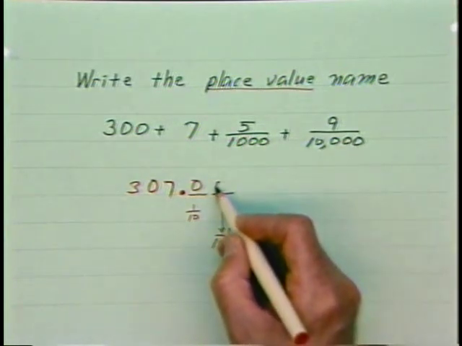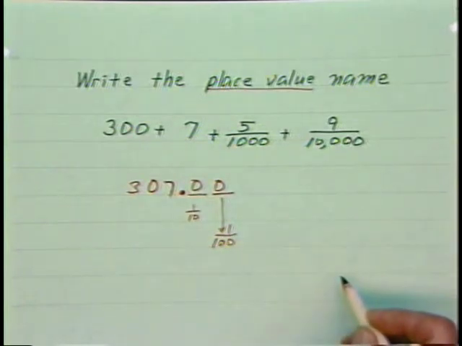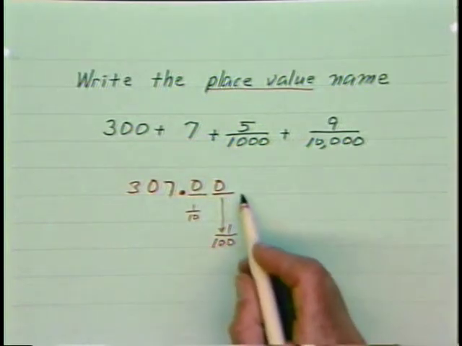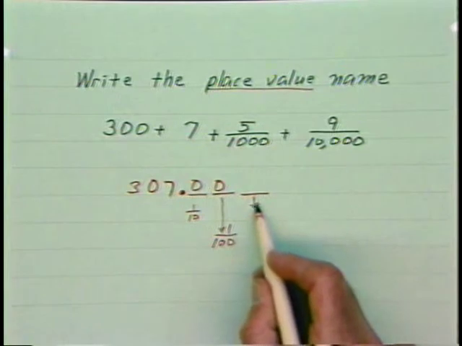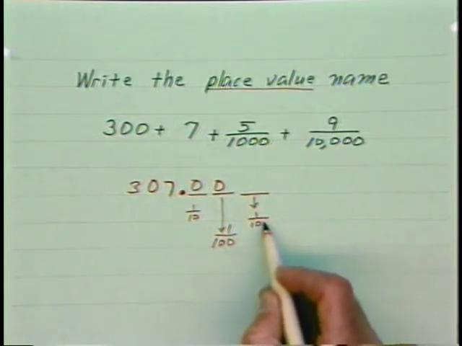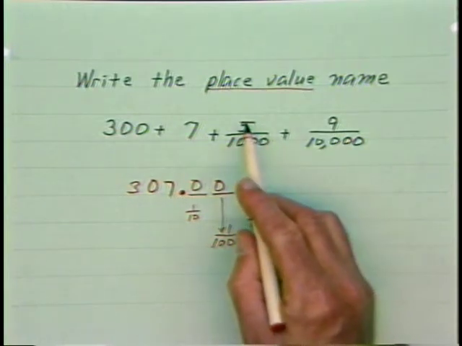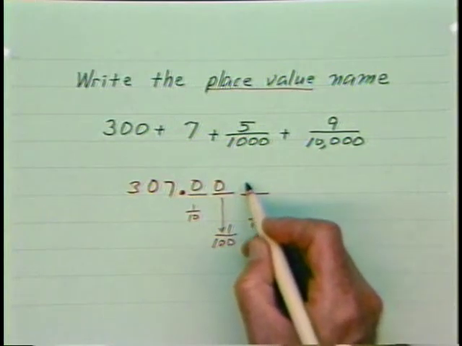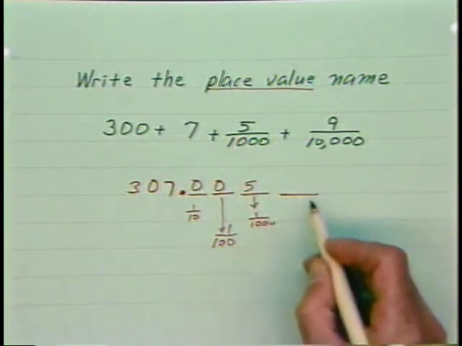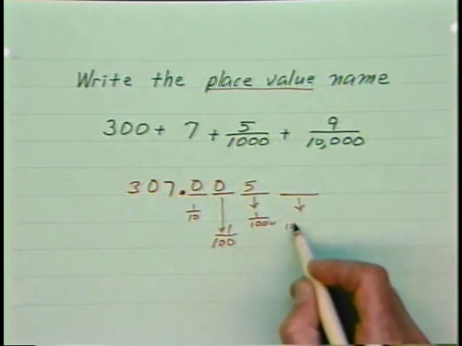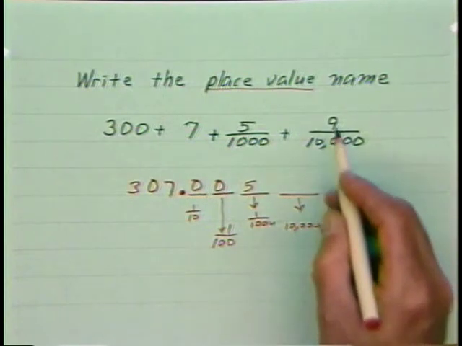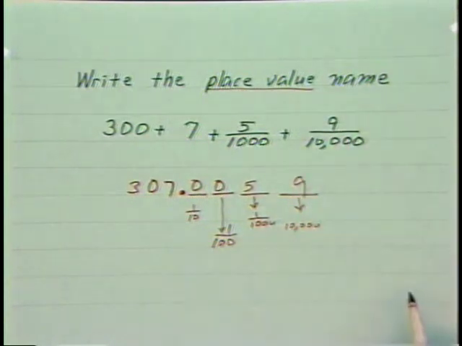So again, I need my placeholder 0. This is my thousandths place, and I have 5 of those. And this is my ten-thousandths place, and I have 9 of those.